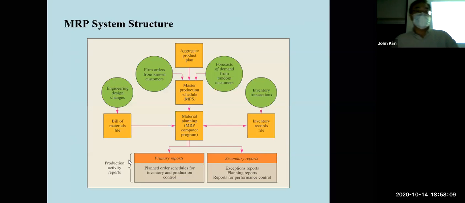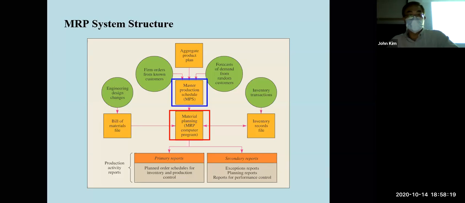And the MRP system structure: to run the MRP system, there are basically 3 required files. The bill of material, the MPS, and the inventory record file.